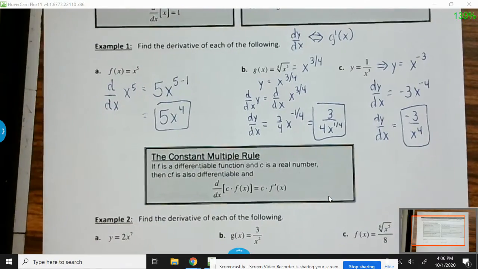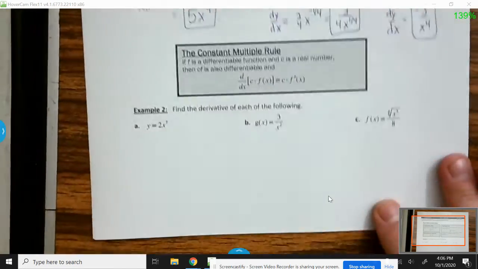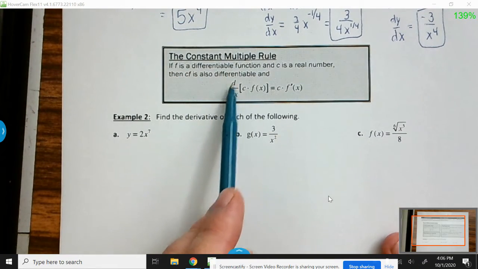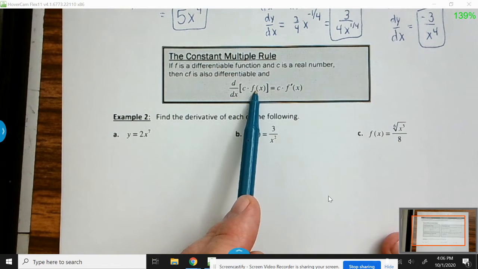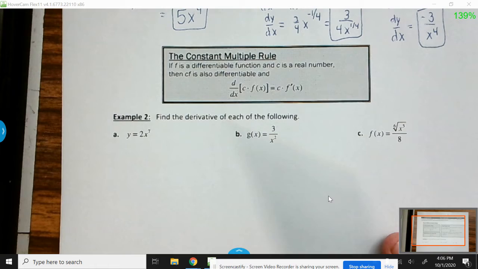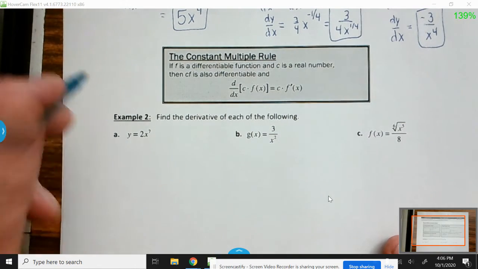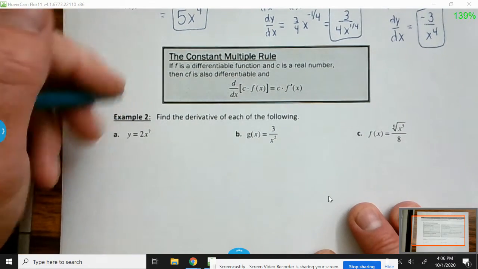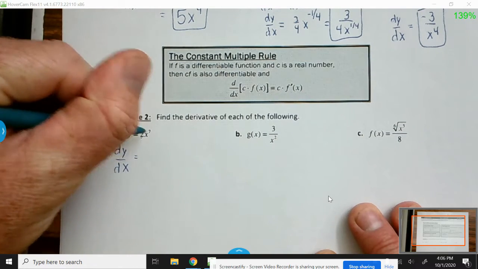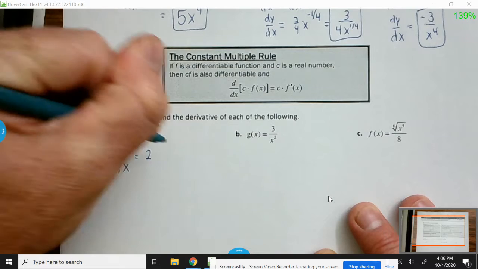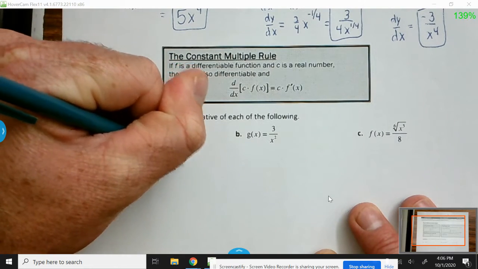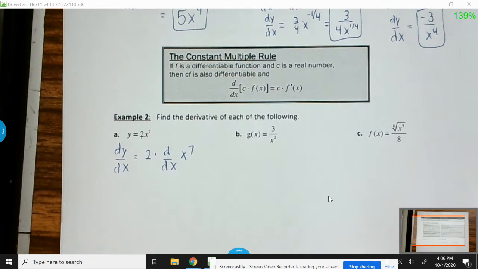Now, let's move on to the constant multiple rule, which we actually already brought up. The derivative with respect to x of a constant times a function is the constant times the derivative of that function. In other words, if I want to know the derivative of 2 times x to the 7th, it's really 2 times the derivative of x to the 7th, with respect to x.